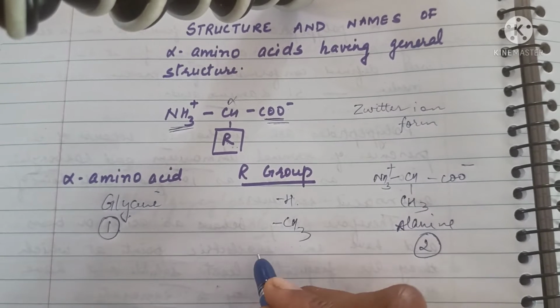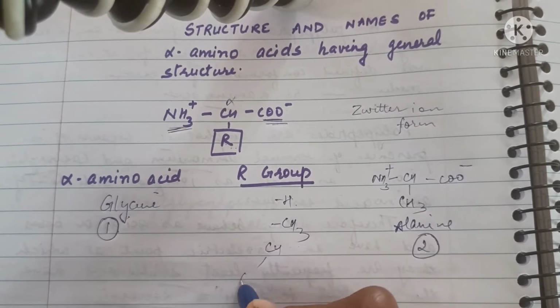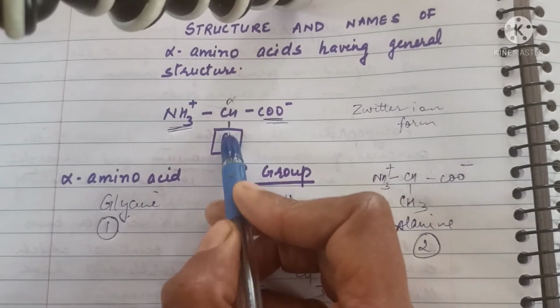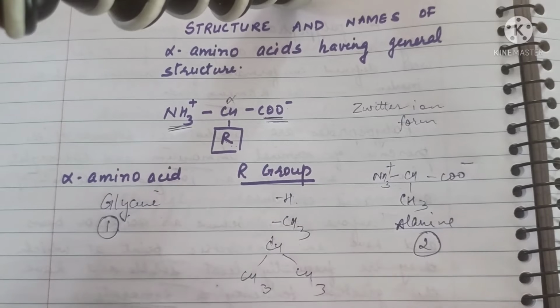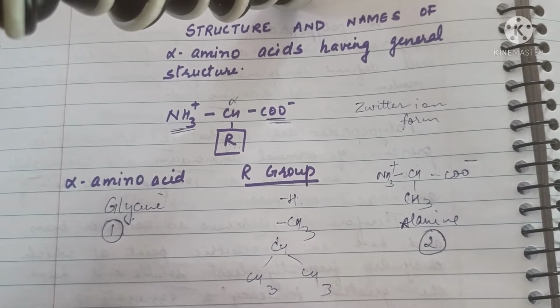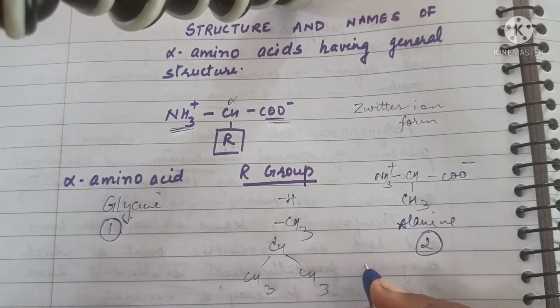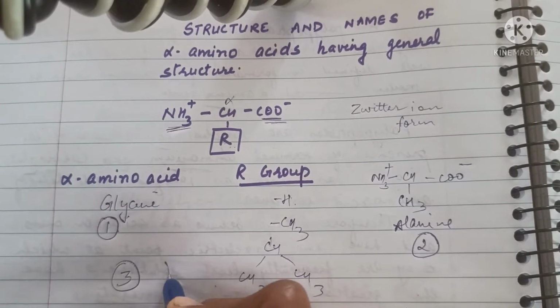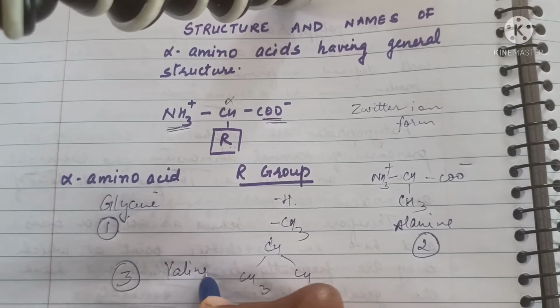Now if we place an isopropyl group in place of R, then the amino acid will be called valine. So amino acid number 3 is valine.